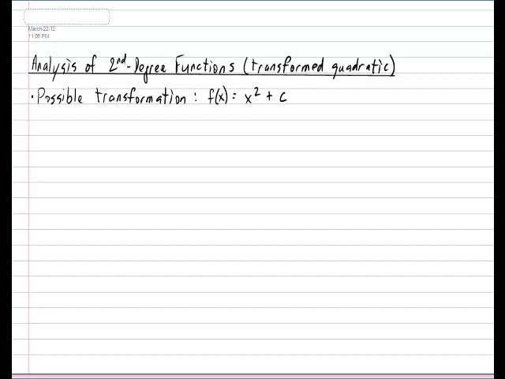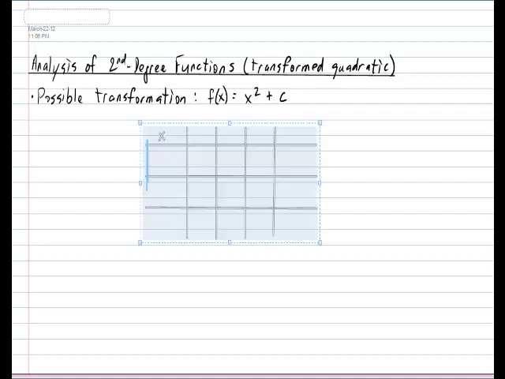Now, to get a feel for how this kind of tweak will affect the appearance of the parabola, we're going to again build a table of values, and from the table of values we're going to draw a few parabolas so that you can physically see the impact on the parabola's appearance. So let's prepare a table of values that looks like the following. Go ahead, pause the video and set up the following table.